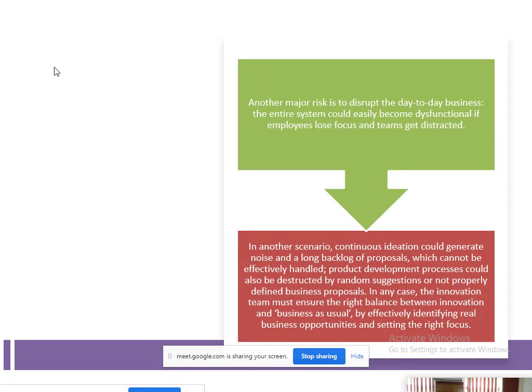Continuous ideation means that because you are trying to develop a product, you need to collect a lot of data from everywhere. What business technologies should I use, and what resources should I use?